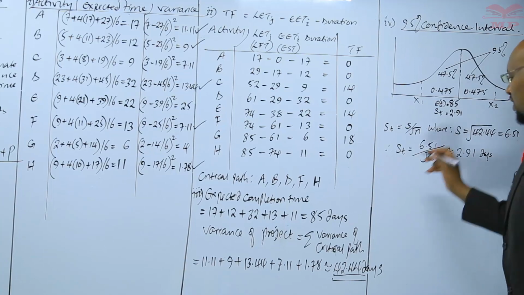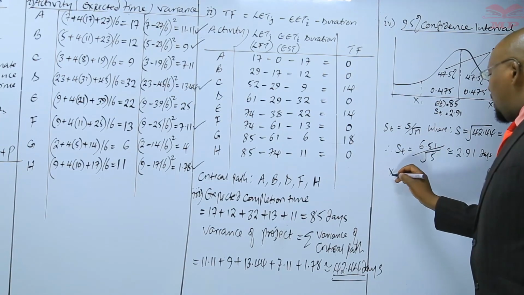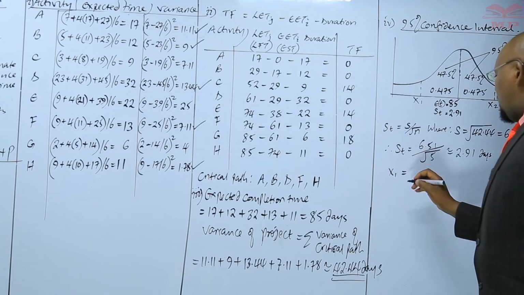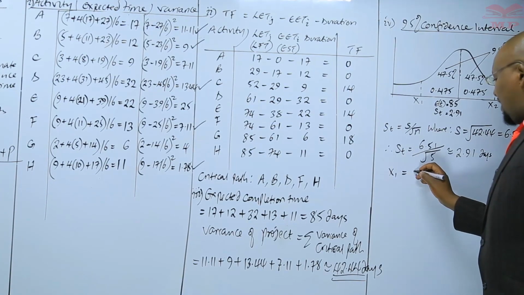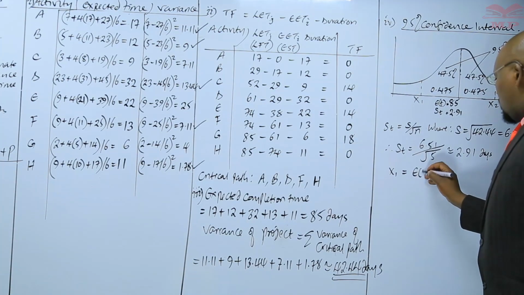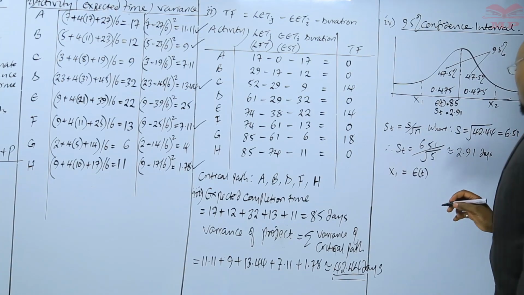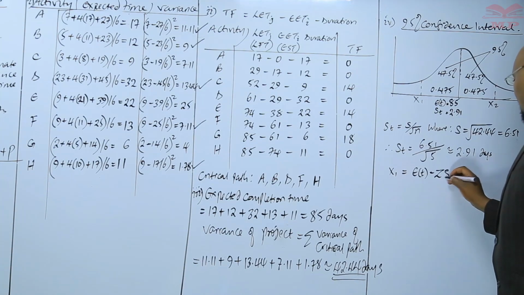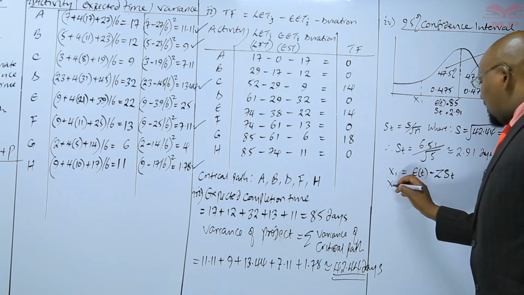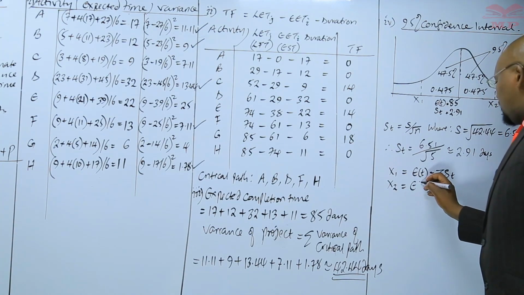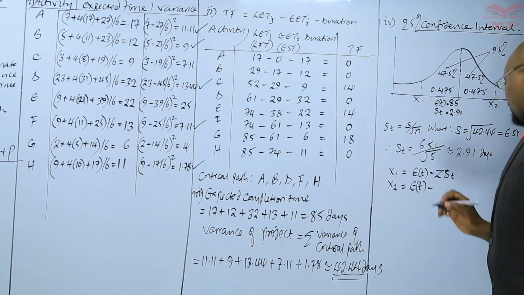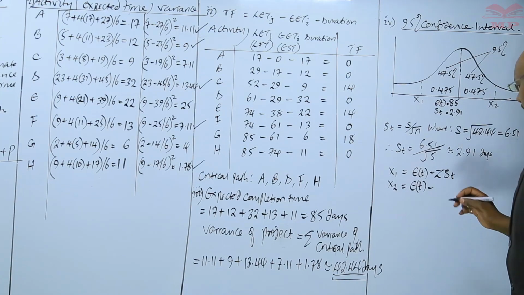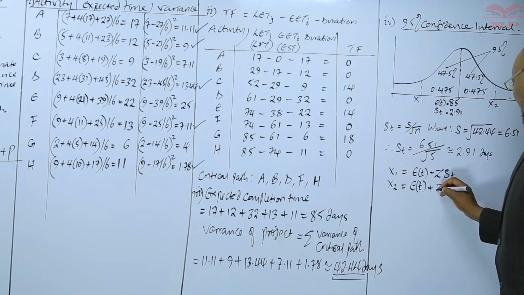We need that x1 should be the expected time minus, and x2 the expected time plus, Z times the standard error ST.